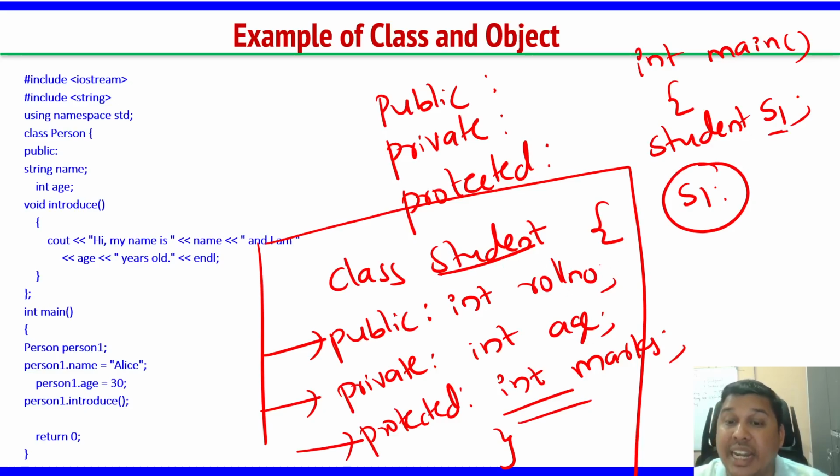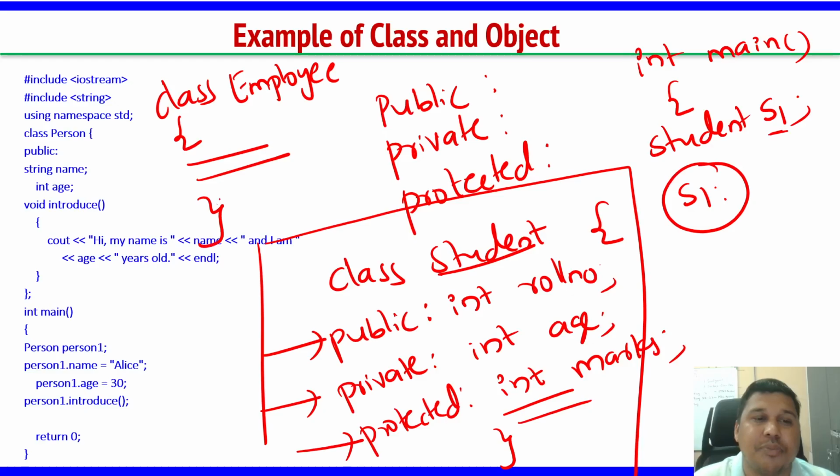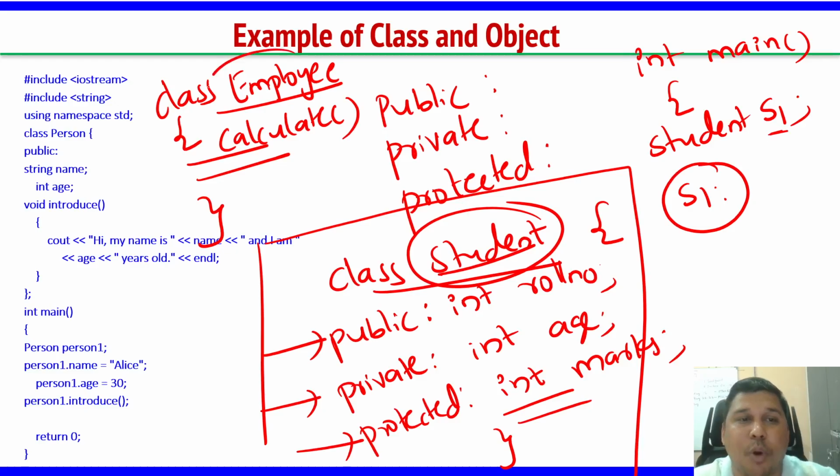But if I am creating another class, maybe class Employee, in this also I am using some functions. I have created a function here, maybe named calculate. Now this class is different. This is the Student class, and this is the Employee class. For the Student class, S1 is the object.